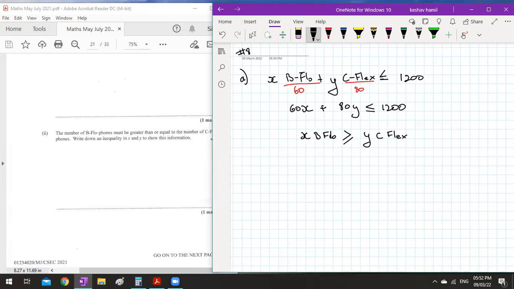Now you don't need to write B-Flow and C-Flex, you just need to say X should be greater than or equal to Y. This is part 2.